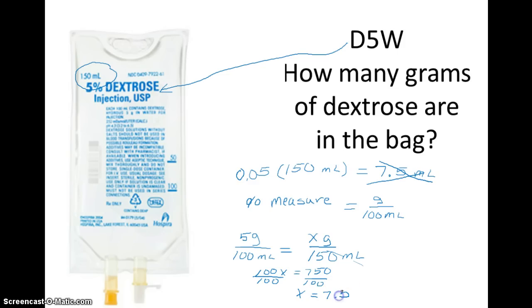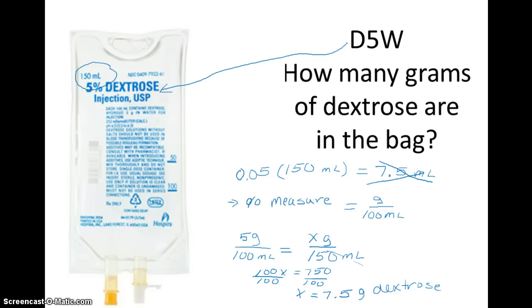Now that's the exact same number that we had. The difference is that this time we have the correct label. From our proportion we have a label of grams, and we know from what we've done in this problem that it's grams of dextrose. So by using the definition of percent measure that we have up here, we actually come up with an answer with the correct label for the problem.